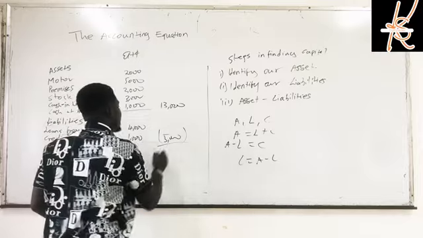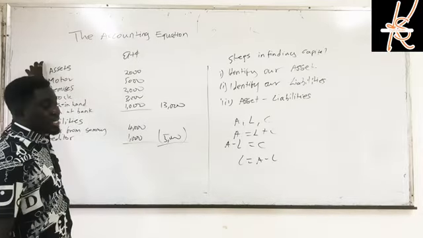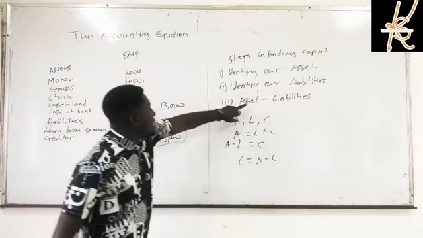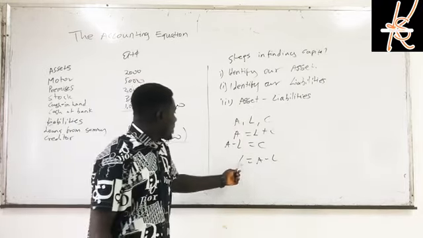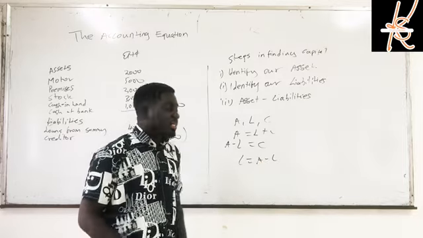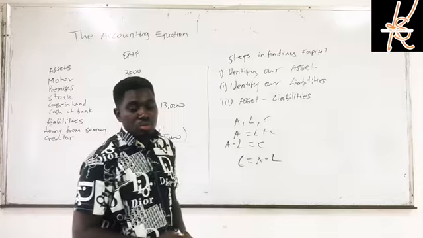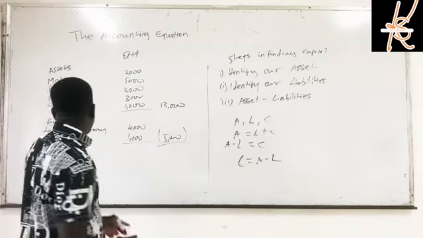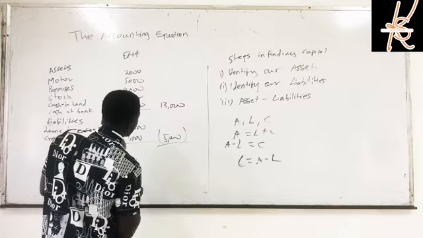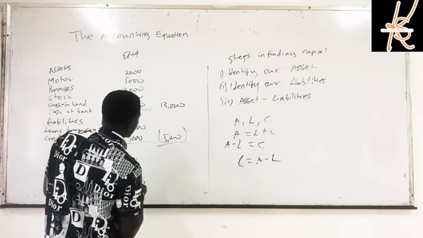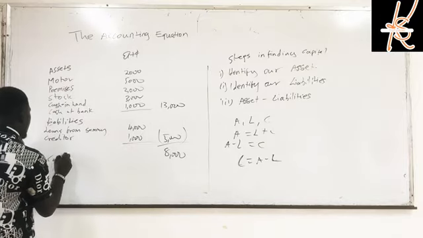And then we are subtracting it. When we take our liabilities from our assets, asset minus liability will give us capital. Capital is equal to asset minus liability. So we are getting 8,000 here as our capital.